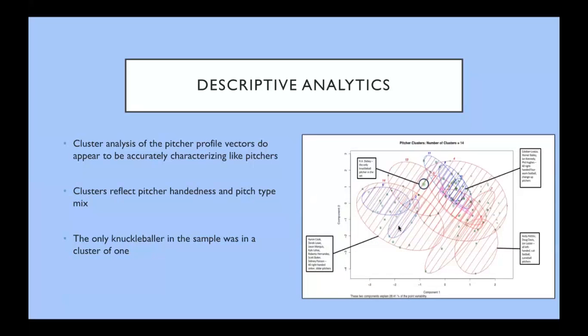In the lower right-hand corner, those guys are all left-handed, cut fastball, curveball pitchers. The lower left-hand corner are all right-handed, sinker, slider pitchers. And the one cluster that has one guy by himself is the one knuckleball pitcher that was included in the data set. The other clusters have different combinations of things, but they are clustering similarly in relative baseball terms.